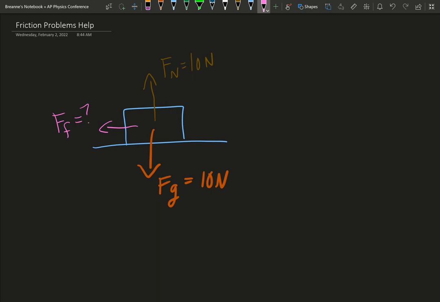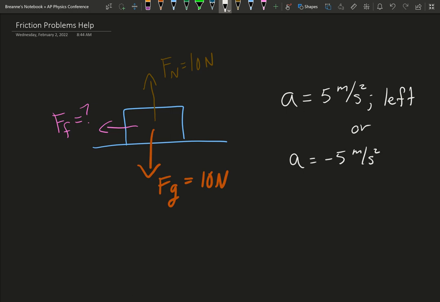And we're going to change it up a little bit, and I'm going to give you the acceleration. We're going to say the acceleration is 5 meters per second squared to the left. Or I could have written it as -5 meters per second squared, could have done it either way.